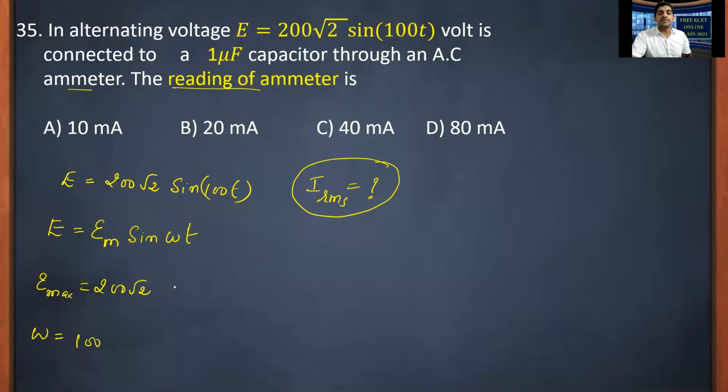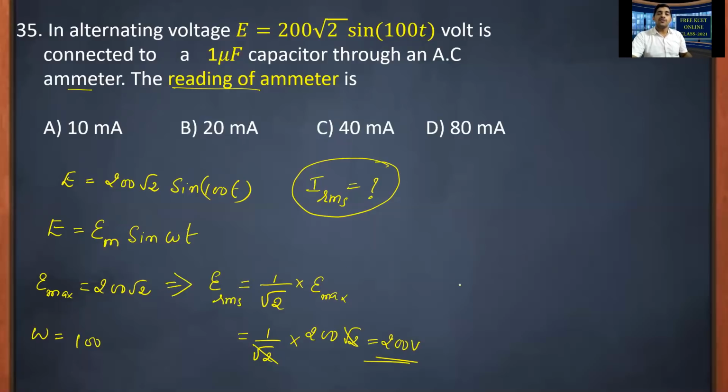If E maximum is this much, then ERMS will be equal to 1 by root 2 times E maximum, which is 1 by root 2 times 200 root 2. So root 2 cancels, and you get 200 volt.